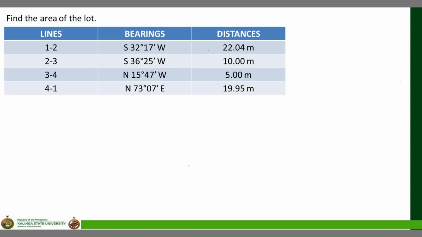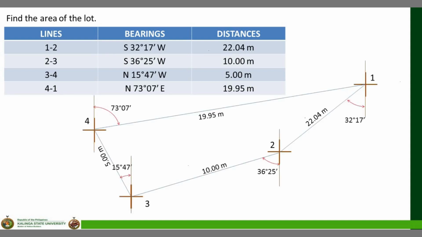If I'm going to solve this problem, I first need to sketch or illustrate it. This is what it will look like. The bearing or forward bearing of line 1 to 2 is south 32 degrees 17 minutes west.